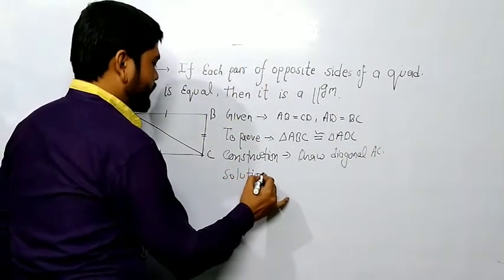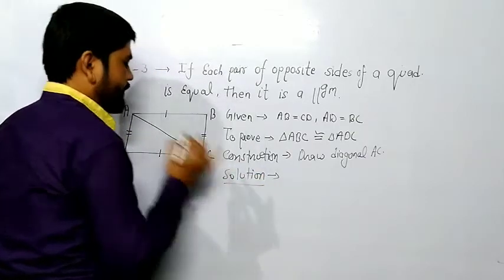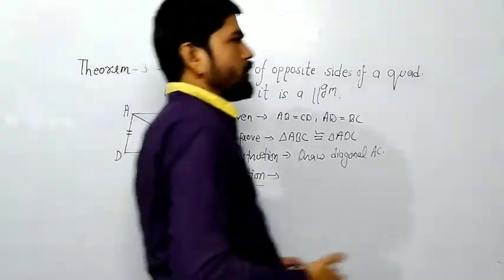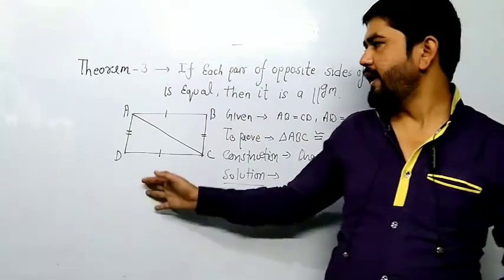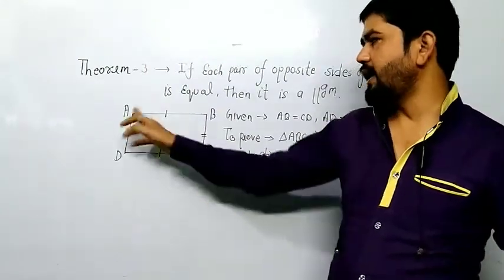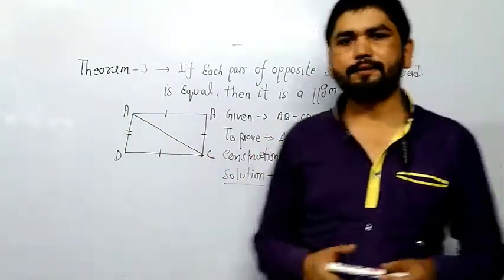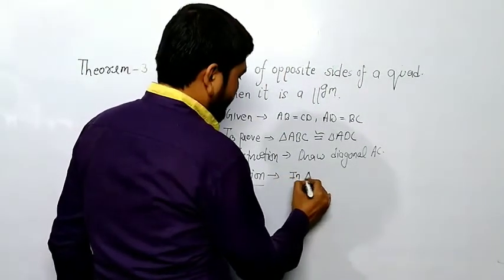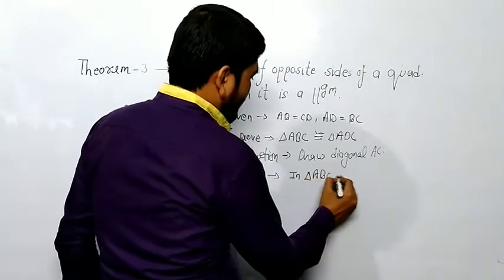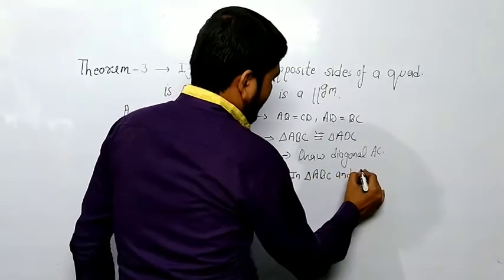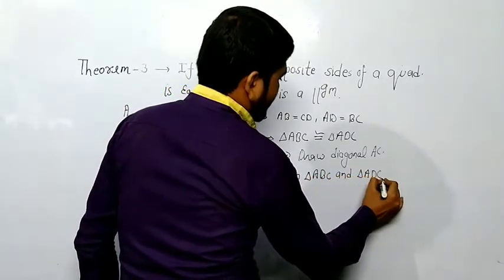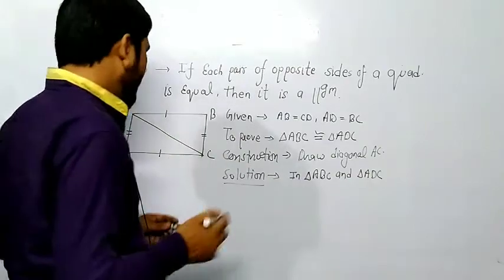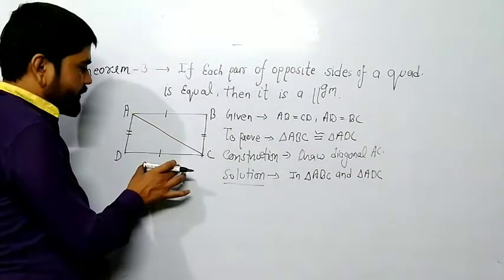Just see, it is so simple. Now we need to prove both the triangles are congruent, so we will take triangle ABC and triangle ADC. In triangle ABC and triangle ADC, AB is equal to CD, given to us.